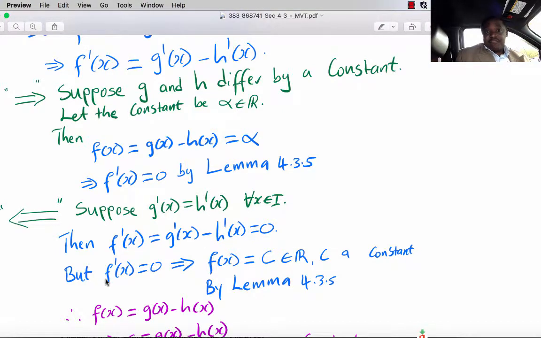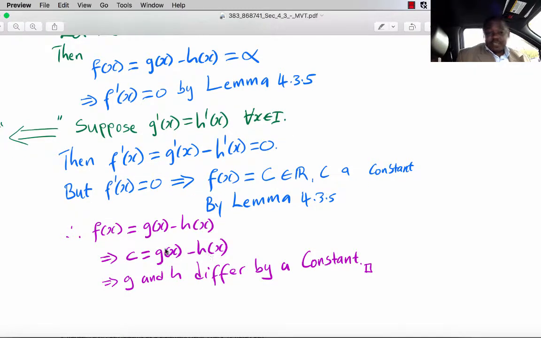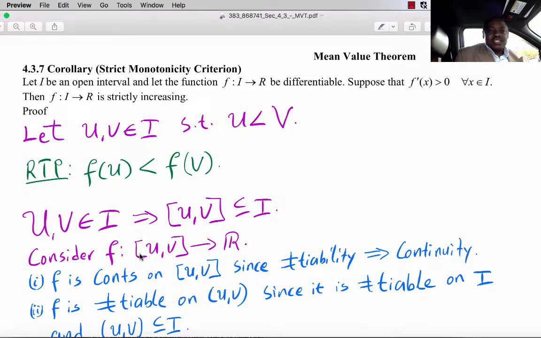But f prime at x equals 0, by the lemma we just saw, lemma 4.3.5, means f of x is a constant c, i.e. c equals g of x minus h of x, in which case the difference between g and h is simply a constant c, i.e. g and h differ by a constant. End of proof. Both directions had a simple application of lemma 4.3.5. Let's take a few more exciting results before we get done with this section.